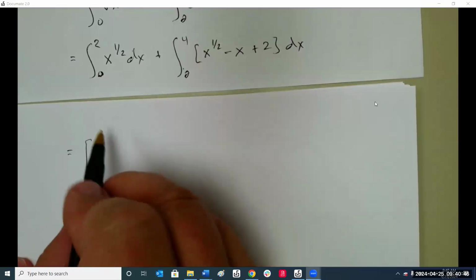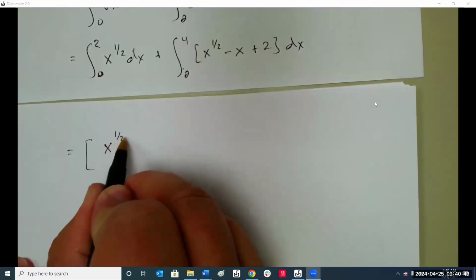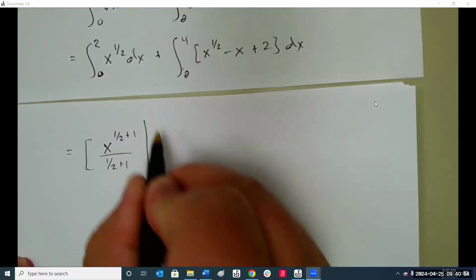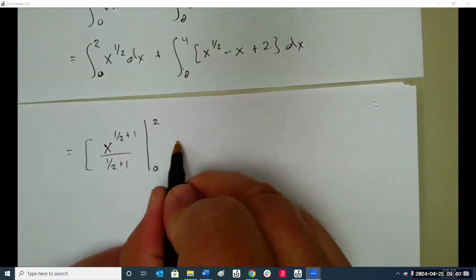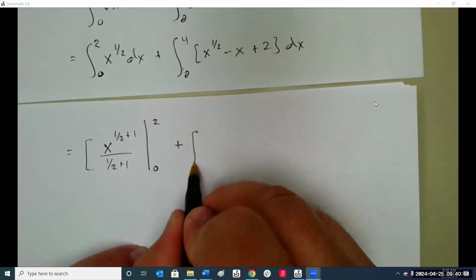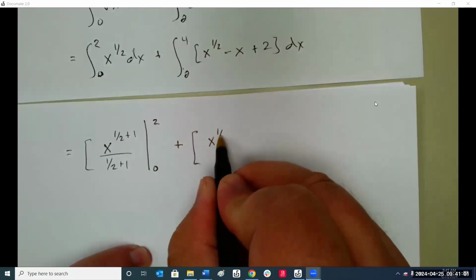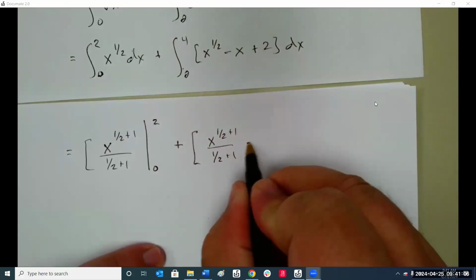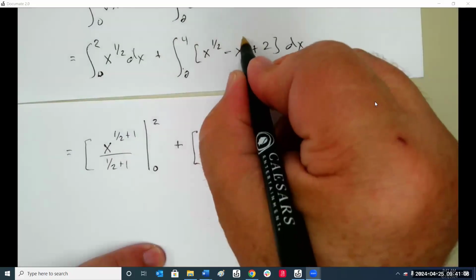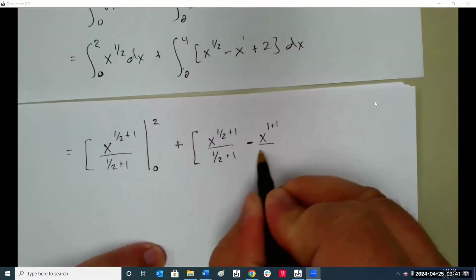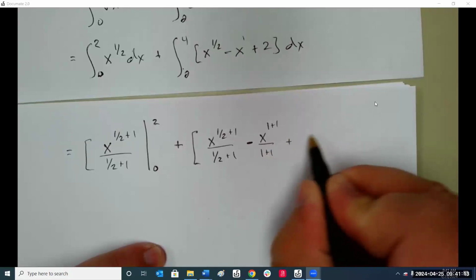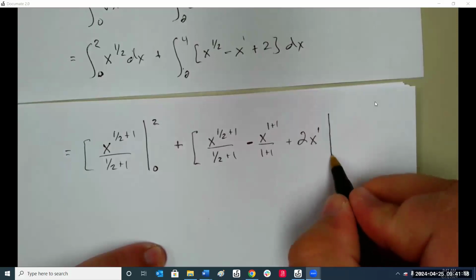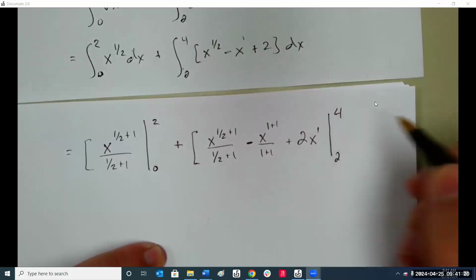Now, the integral of the first one is x to the 1/2 plus 1 over 1/2 plus 1 from 0 to 2. And for the second, x to the 1/2 plus 1 over 1/2 plus 1, minus x. This is a 1 already. x to the 1 plus 1 over 1 plus 1, 2x to the first, from 2 to 4.